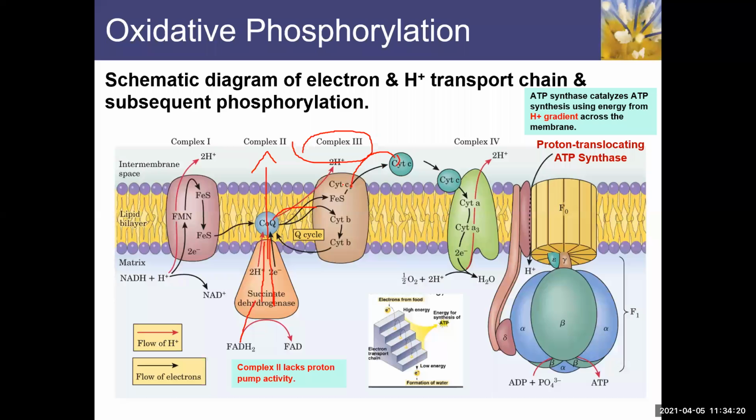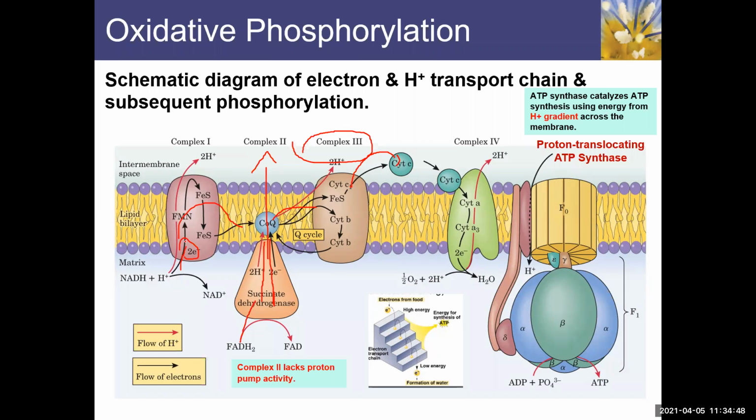So what is happening throughout this when the electrons are being transferred from one complex to the other? Every complex is first getting reduced, isn't it? Because it is accepting an electron, and then as it passes the electron to the next one, it gets oxidized itself.